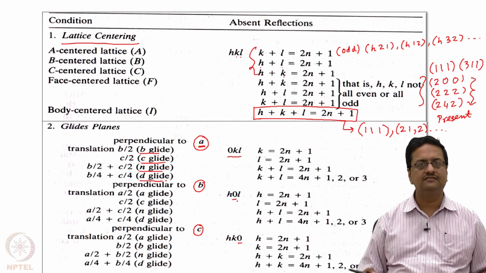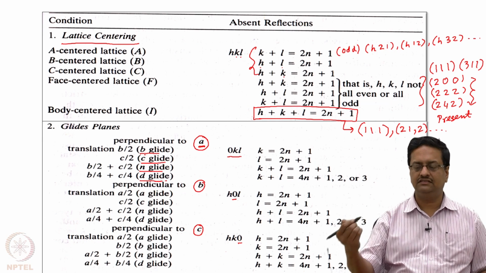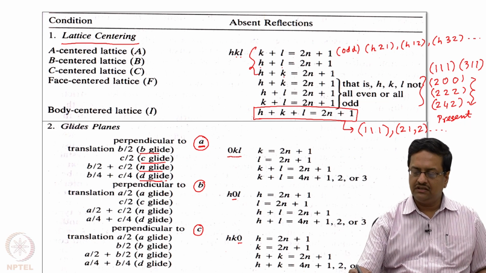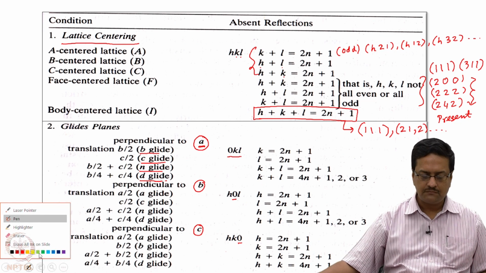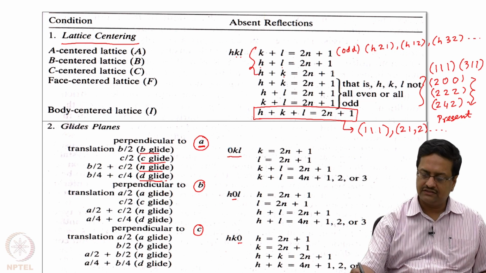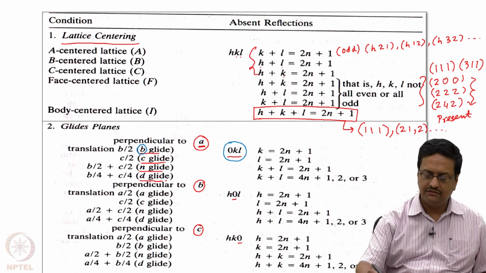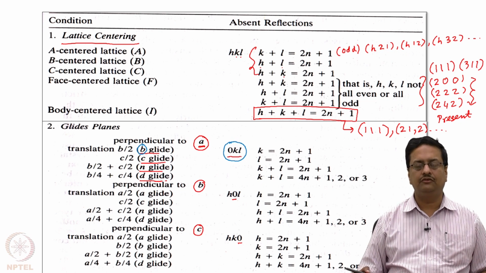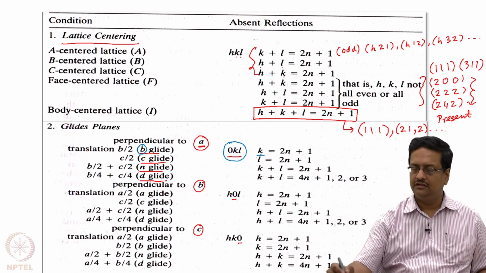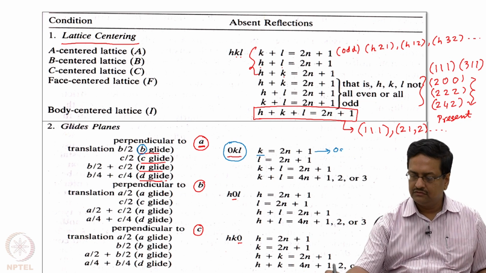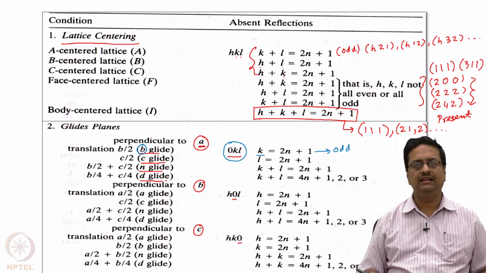Now, when I am saying it is a B glide, that means the translation is along B. So, when we look at this particular set of 0KL reflections, and I am saying that it is a B glide, that means the translation takes place along B. So, the index which corresponds to B, when it is odd, the set of reflections is said to be systematically absent.